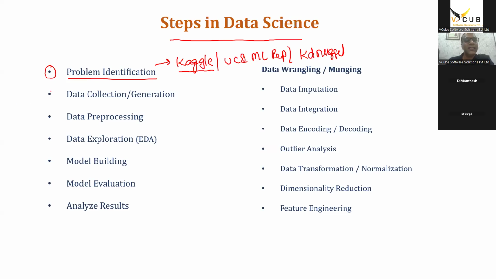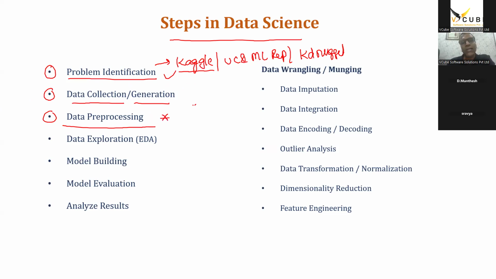And the second one is data collection. For identification of this problem, if you are able to generate data, you can generate it or you can collect the data from Kaggle. And the third point, a very important point, is called data pre-processing. This is today's topic.